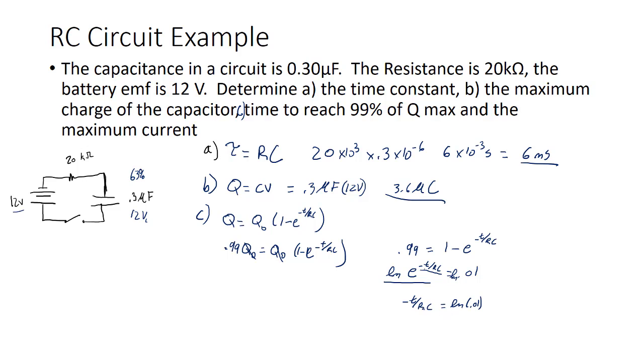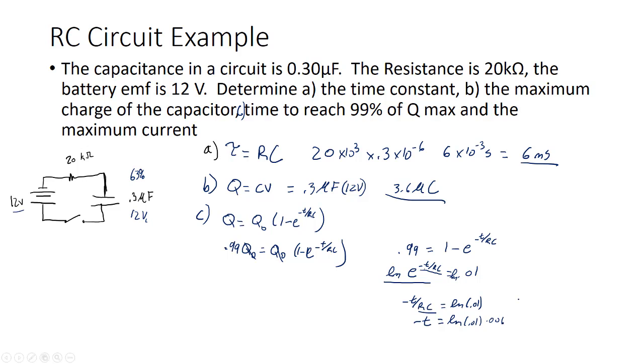And so now I know RC is this 6 times 10 to the negative third seconds, so I can say that negative t is equal to the natural log of 0.01 times R times C, or times 0.006.